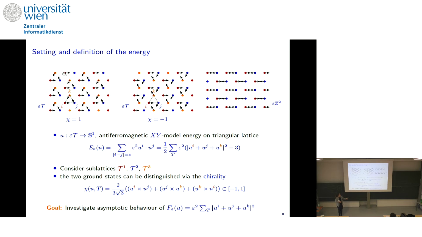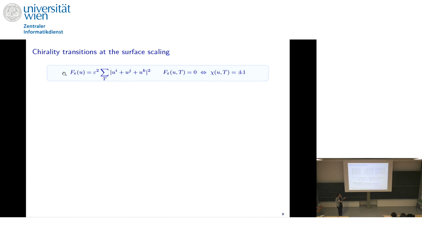So this is now the goal. I want to, again, investigate the asymptotic behavior of this new energy, again after removing the energy contribution of a global minimizer. This is just a recap. So this is my energy, and this one is now 0 if and only if my chirality on a triangle is equal to +1 or -1.